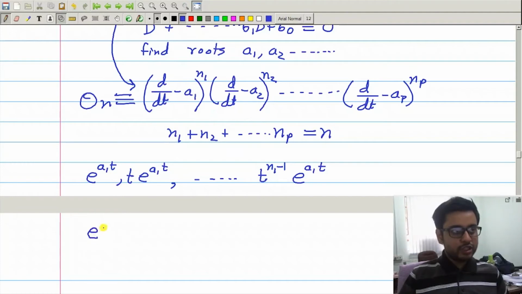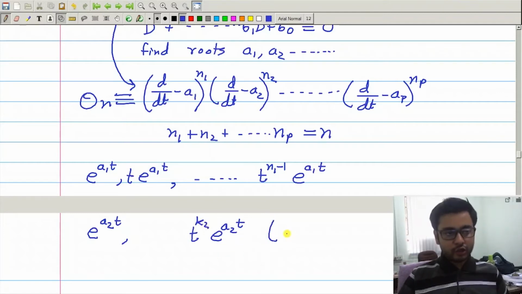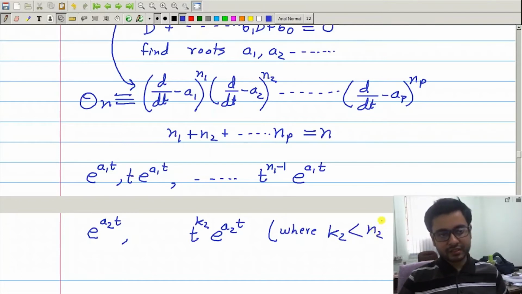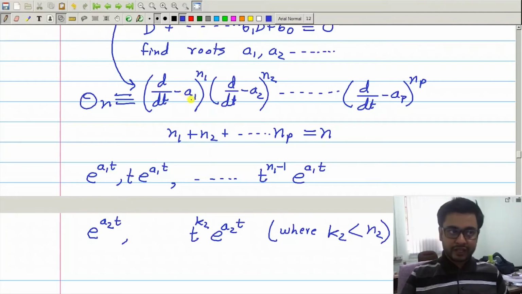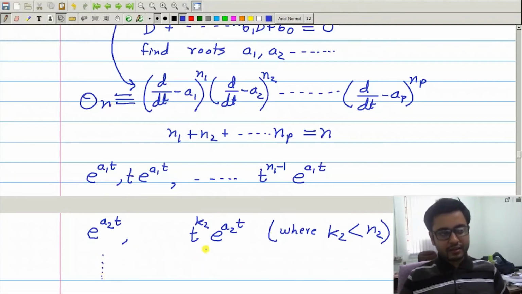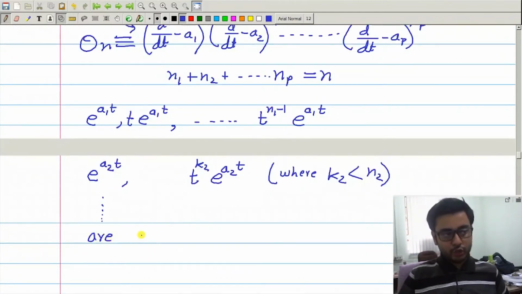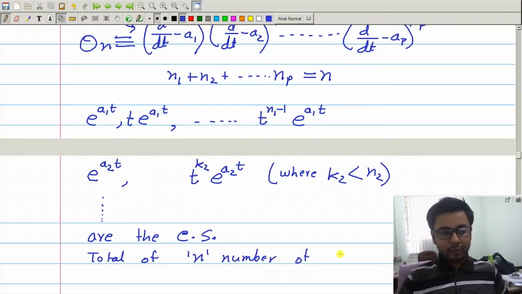Similarly, e to the power a2t or e to the power a2t multiplied by t to the power say k2, where k2 should be less than n2, then all these signals will also give 0 when they are acted on by L. Therefore, these are the complementary solutions, and in this way we will have a total of n number of complementary solutions.